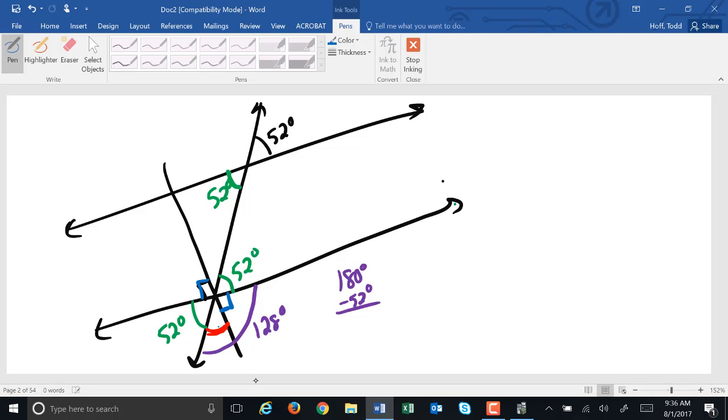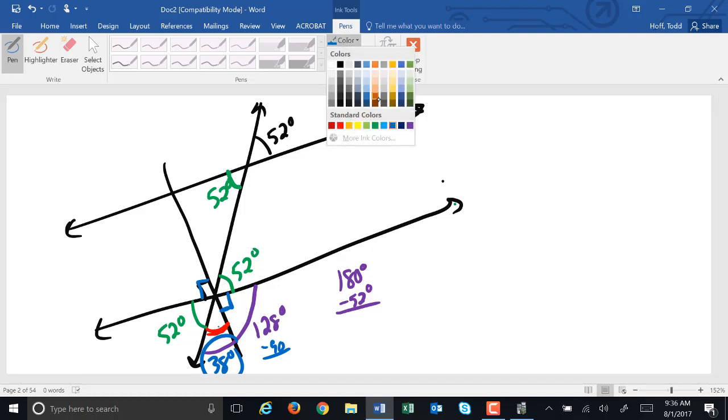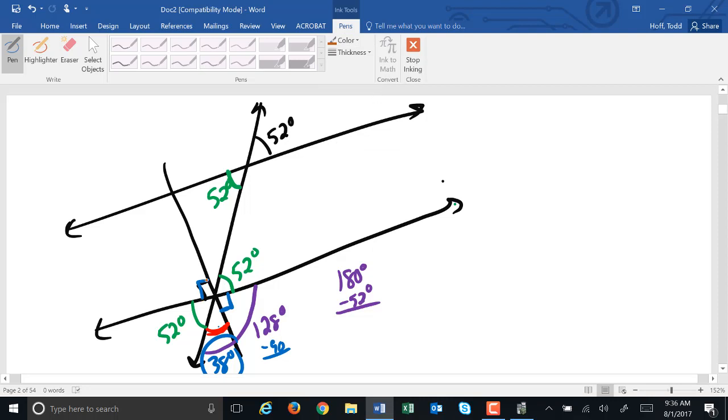So that's just 128 minus 90, or 38 degrees. Or I could have shortened it up a little bit. If that's a right angle, this is also a right angle here. The 52 and the 38 are complementary. 90 minus 52 gives me 38. So I could have gone about that a couple of different ways.